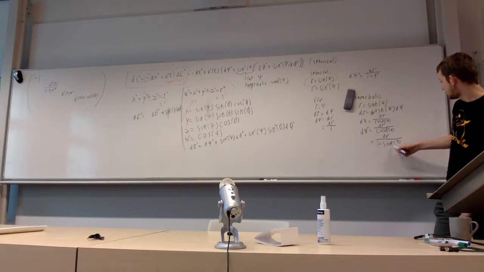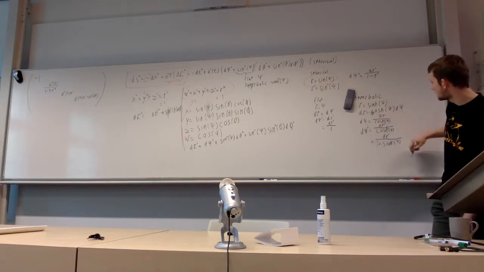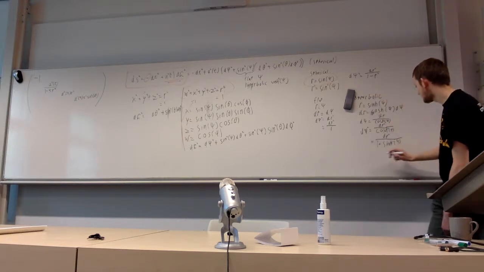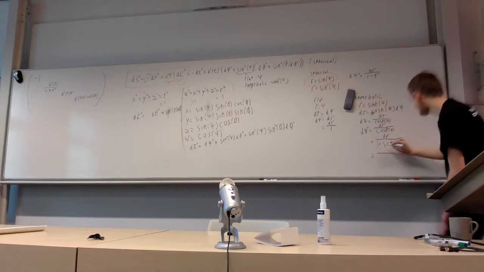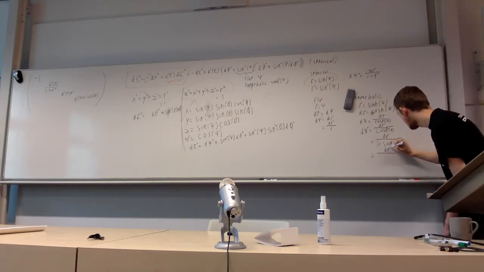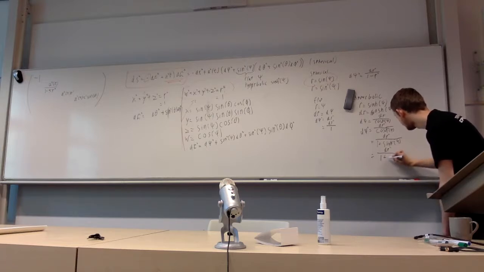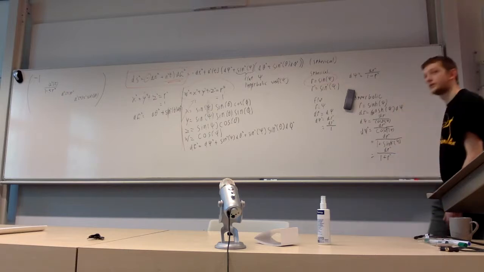We define sinh squared of ψ to be r squared, so then we get dr squared, no, plus, of course, r squared.